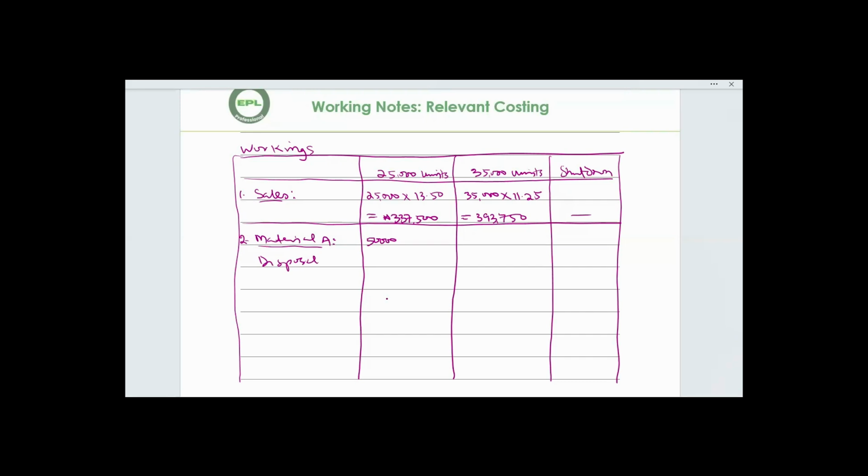The 25,000 units or 35,000 units that you need for this production, you are not buying because you already have 50,000 kilograms of material A in the inventory. Therefore, I'm going to less the 25,000 units that I need from the 50,000 kilograms I have in the warehouse. So the balance that I don't need, I'm going to dispose of. Out of the 50,000 units that I have, I need only 25,000.